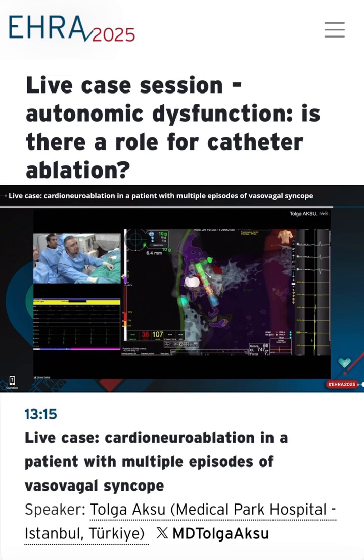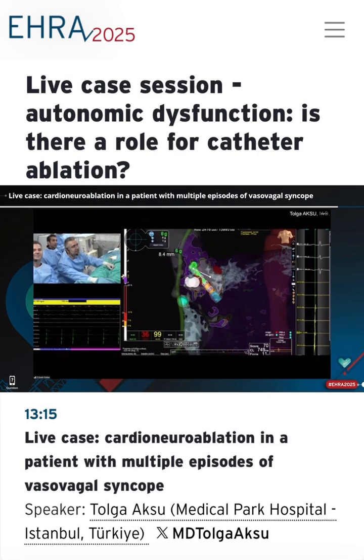For example, in some patients, we don't see any GP in the left inferior or Marshall tract site, so we will pass this station. And I would like to compare the follow-up results of whole GP ablation patients and partial GP ablation patients.